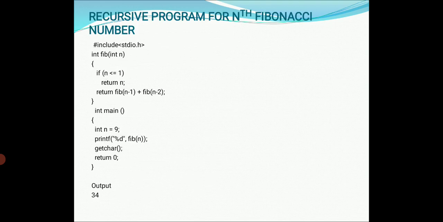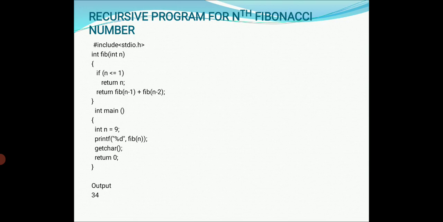So this is the recursive program for the nth Fibonacci number. I should include stdio.h, a header file that contains functions like printf. So int fib(int n): fib is a function name of the data type int, and within the brackets, n is an argument or parameter of this function of type int.